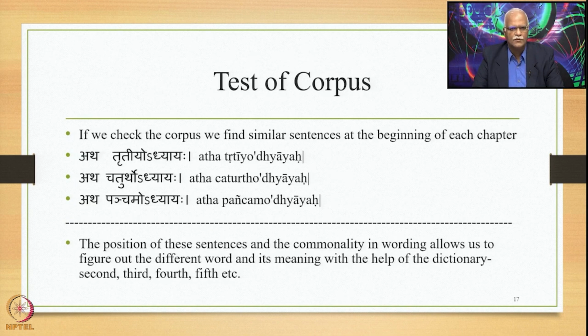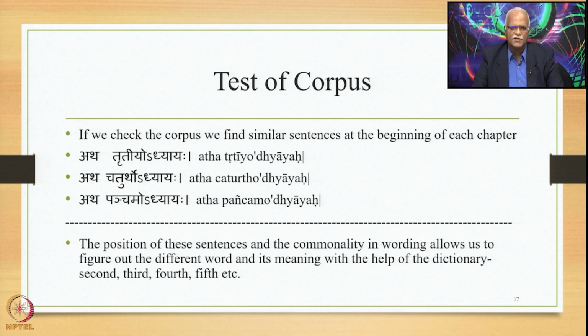We also check the corpus. When we apply this test of corpus, we find that there are similar sentences at the beginning of each chapter, like Atha Tritiyodhyayaha, Atha Chaturthodhyayaha, Atha Panchamodhyayaha, and so on and so forth.